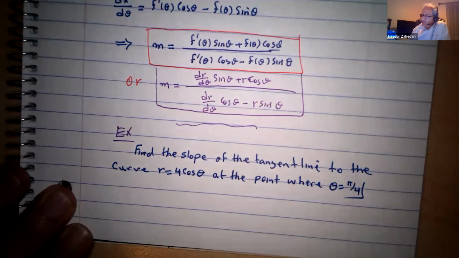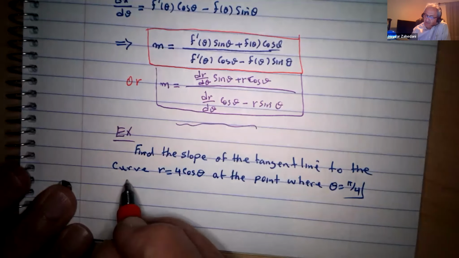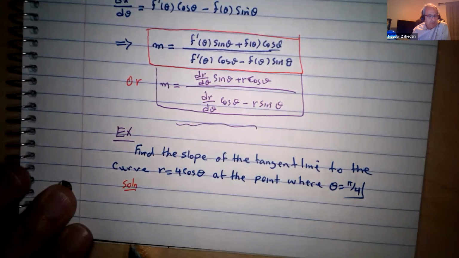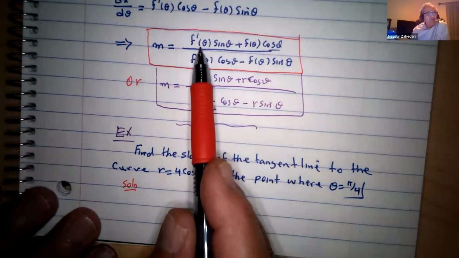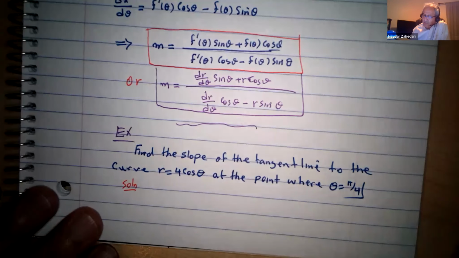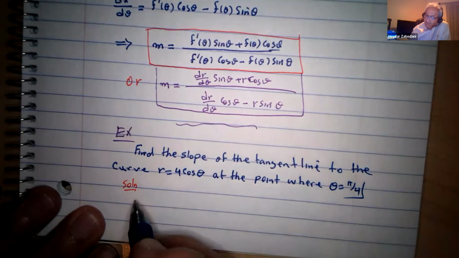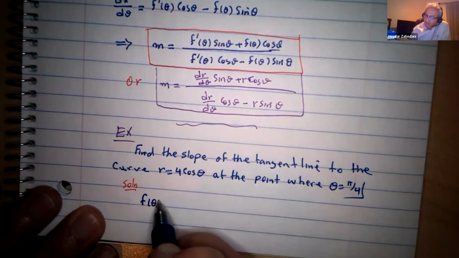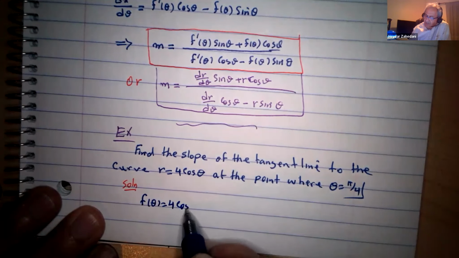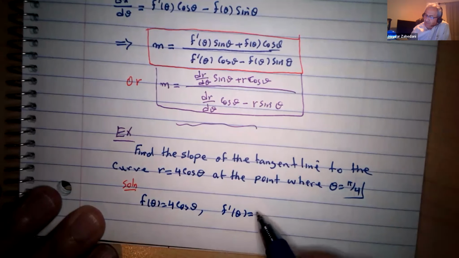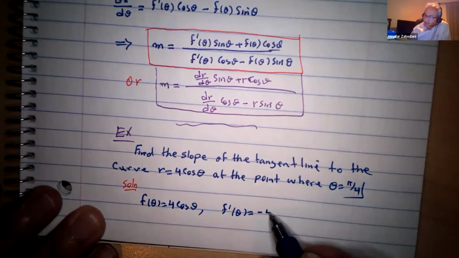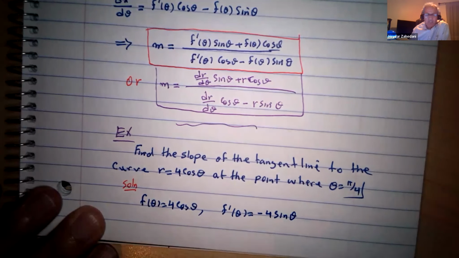Whichever formula you want to use. Solution: you can write the formula right away, or you can find f prime of theta first. It's up to you. I prefer to find f prime, then substitute. So f of theta is 4 cosine of theta. f prime of theta: derivative of 4 cosine is negative 4 sine of theta.